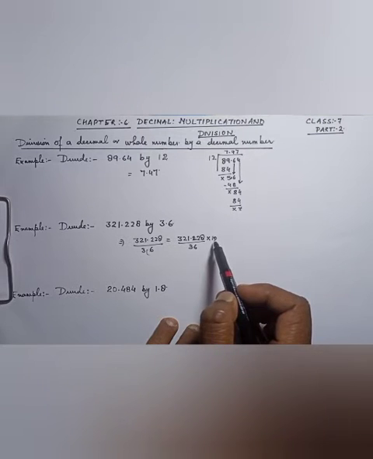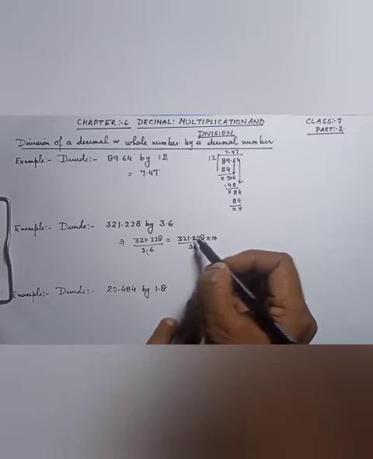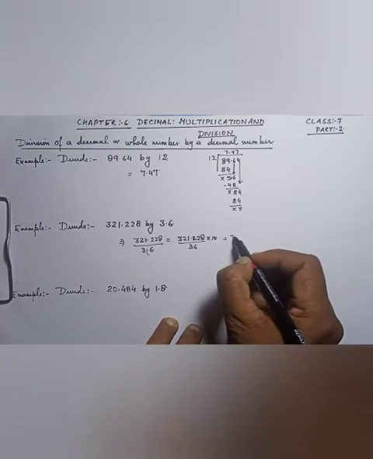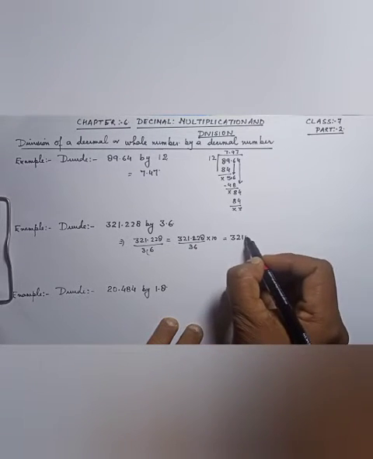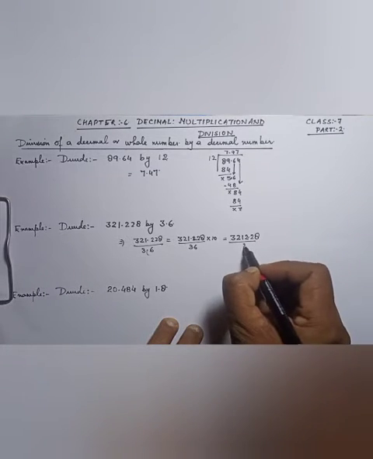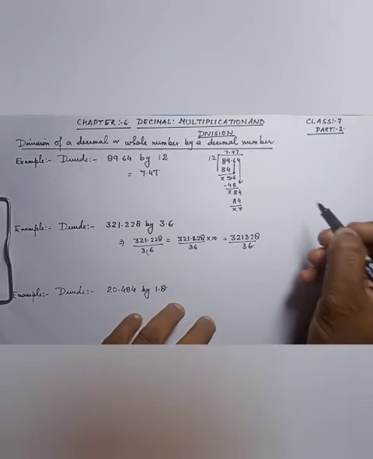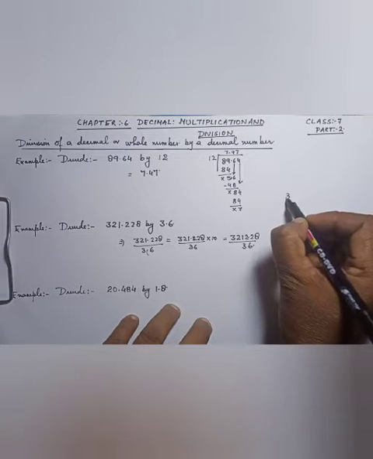Since there is a single zero, I am going to shift the decimal place towards the right one place, so it will become 3212.28 upon 36. Now it will be easier for you to divide, so let us divide it.